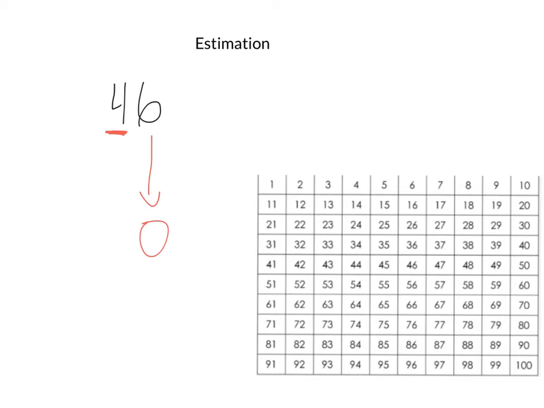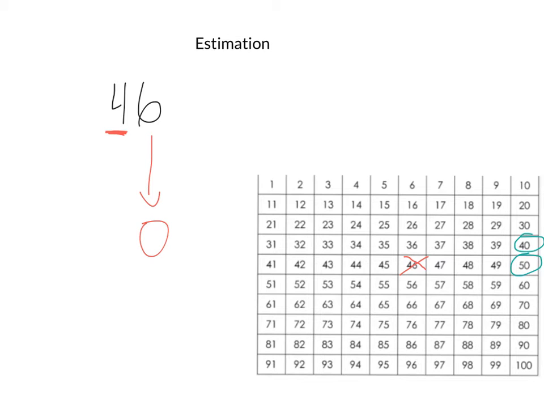You have a hundreds chart at the back of your math journal that you can use to help you. 46 is right here on our numbers chart. We're trying to find a round number. 46 falls in between two round numbers, 40 and 50. Our goal is to find out which one is closer to 46.